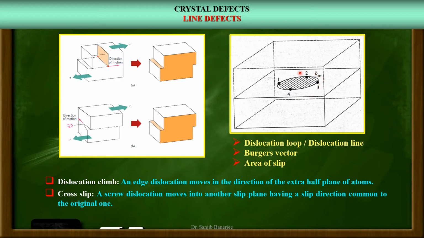Here we can see the area of slip and the curved line called the dislocation loop. A dislocation line is a closed curve with a constant Burgers vector. Here the Burgers vector with a definite direction is denoted by small b in this figure.